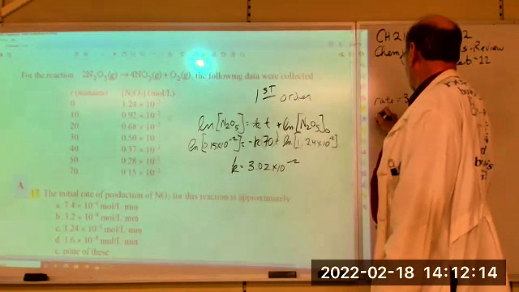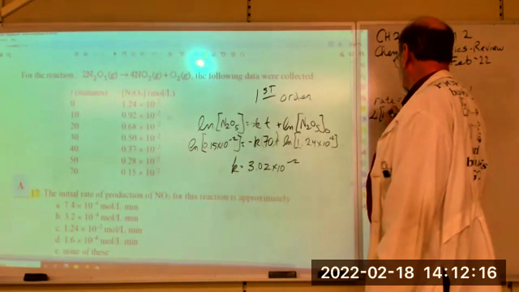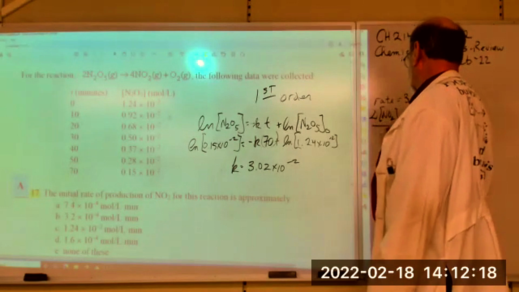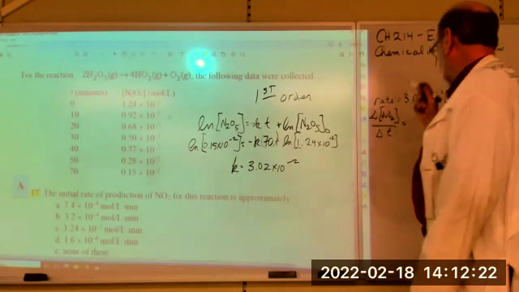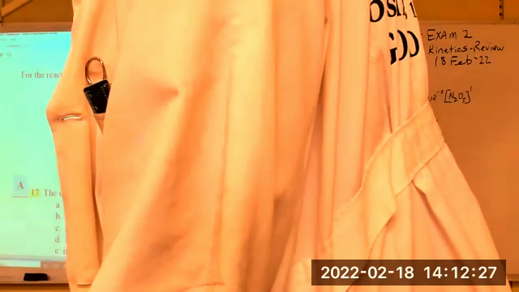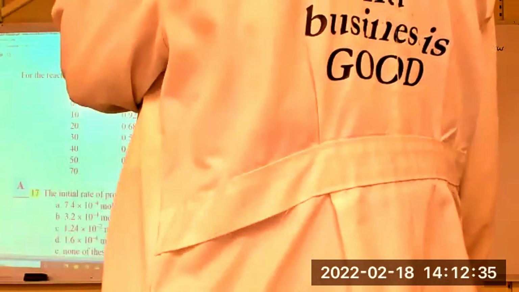So the rate of production of NO2 with change of time is equal to that. And more of the question.